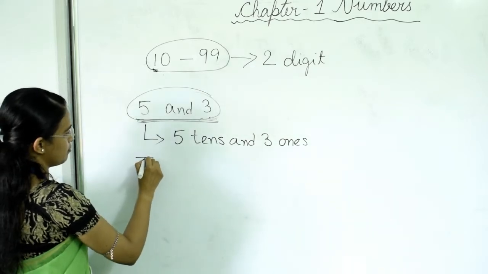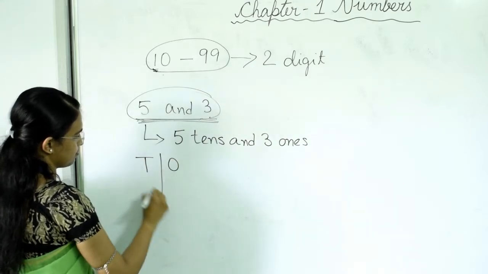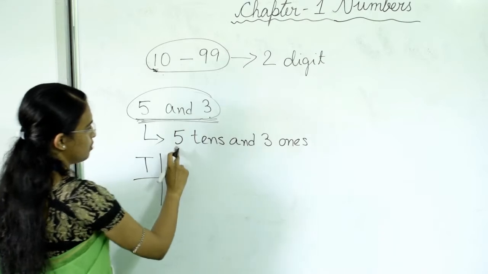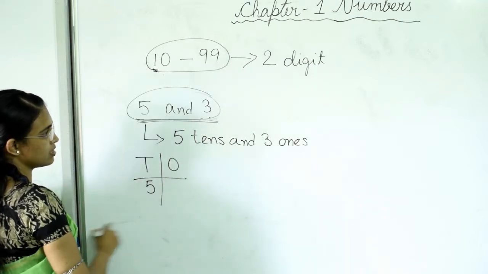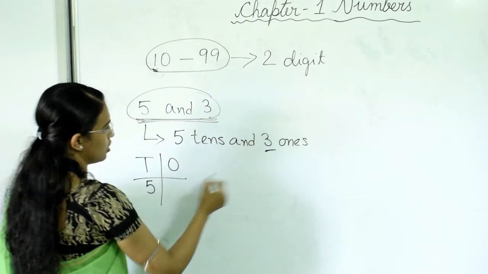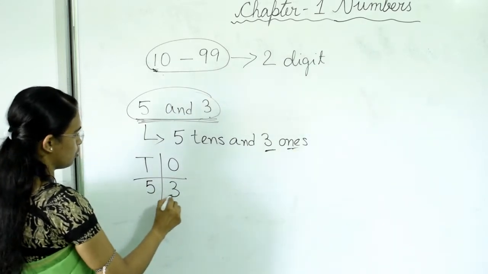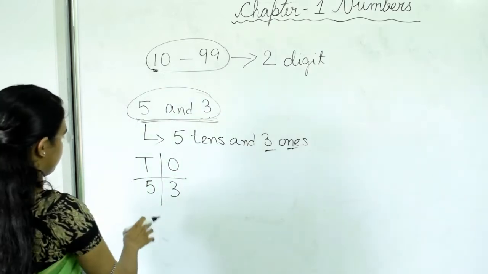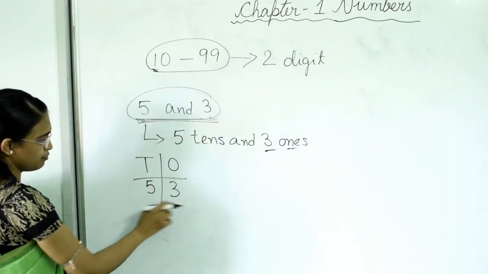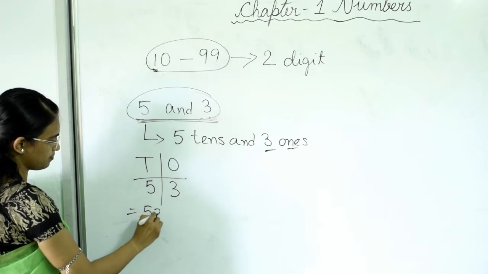First one is this. What is written in tens place? 5. So we can put 5 in this tens place. And what is written in ones place? 3. So we can put this 3 in ones place. 5 and 3, we can make 53.